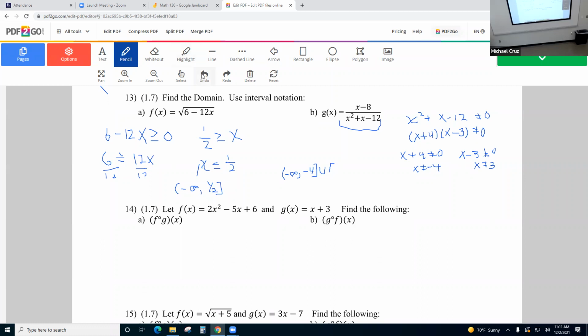Wait a minute, I told you, no, we use parentheses, yeah. I told you parentheses and then I put a bracket. And let's see, it's going to be -4 to 3, and then a third one with 3 to infinity. Okay?